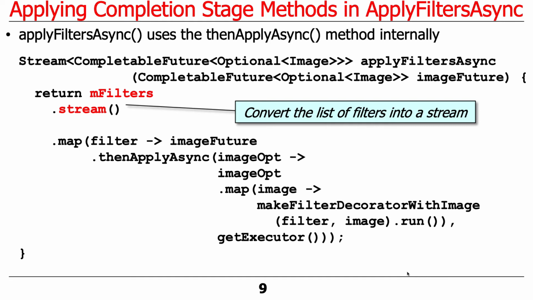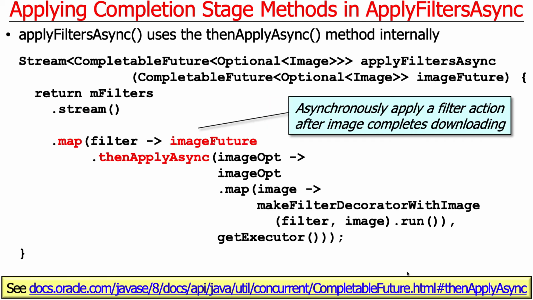It might be like emboss, sharpen, blur, or grayscale, or whatever you want to put there. So now we're going to have a stream of filters, and for each filter in the stream of filters, when the image finishes downloading, then asynchronously apply some action. So that's what's going on here.